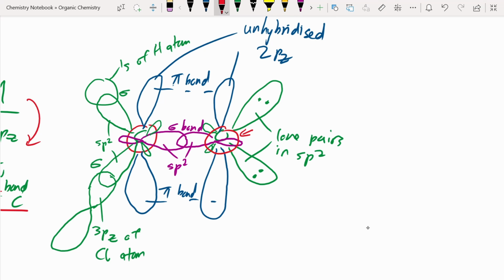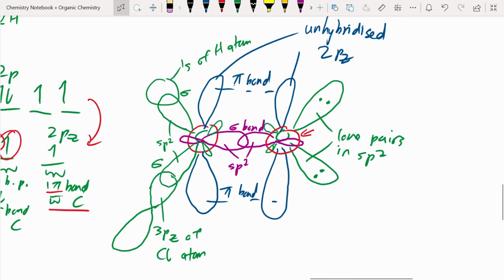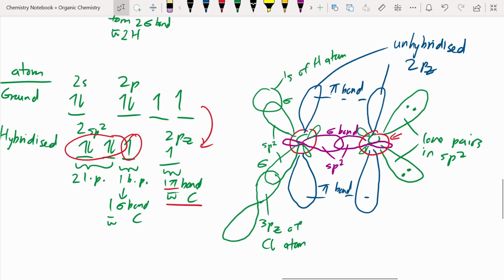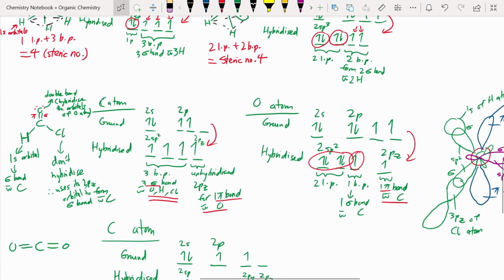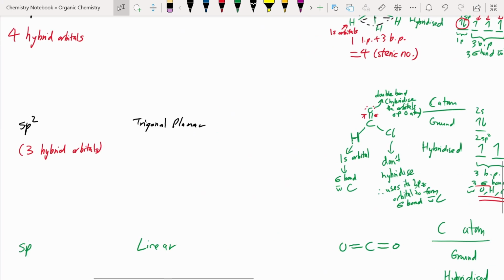One of carbon's sp2 orbitals forms a sigma bond with oxygen, another forms a sigma bond with the 1s orbital of hydrogen, and another forms a sigma bond with the 3pz orbital of chlorine. So that's how it will look. A bit complicated, but yes.